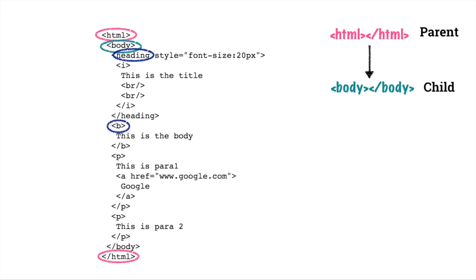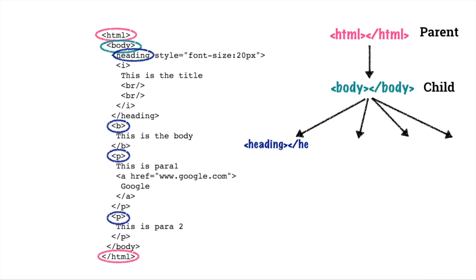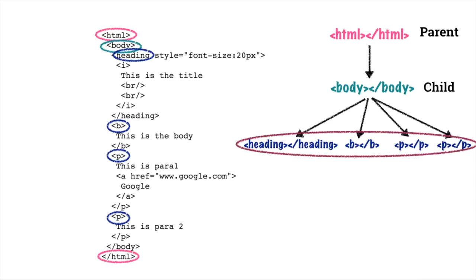The HTML tag is the parent and the body tag is the child. Then the body becomes the parent for all these tags, the heading tag, the B tag, and the paragraphs, the P tags, which are all at the same level. So since they are all at the same level within the structure, they are siblings.